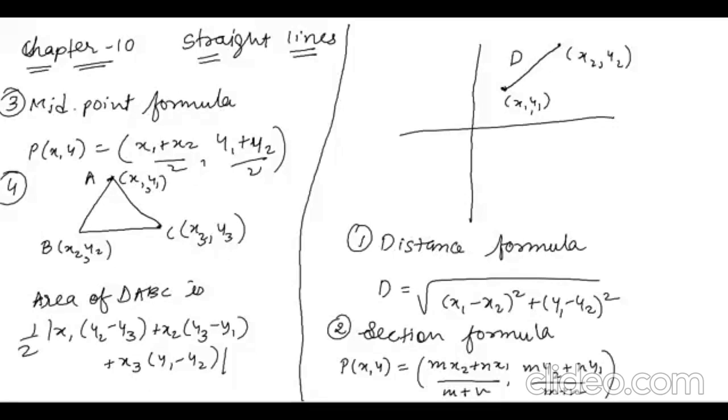Now see, we will move on to the more advanced or further concepts, that is, the slope of a line. We will try to understand what the slope of a line is. See, if your line is horizontal, then the slope of this line will be 0.